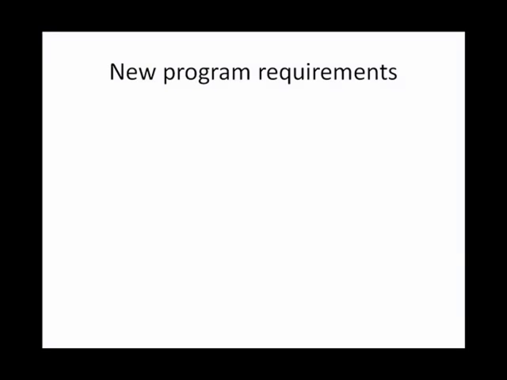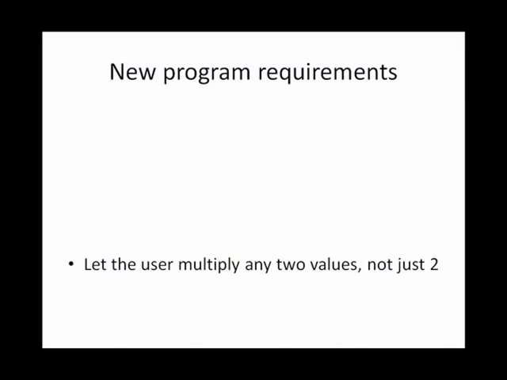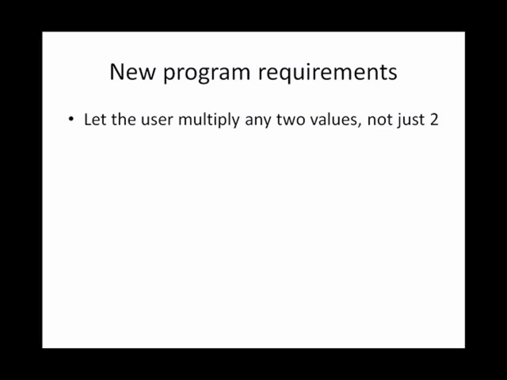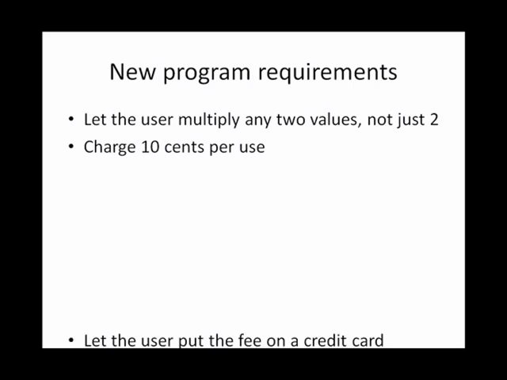Over time, your client may come to you and say, you know, we'd like some more changes to this program. For example, what if the client wants to let the user multiply any 2 values, not just 2, but maybe triple or quadruple any value? Or suppose the client says, you know, this program is so successful, let's start charging money, and I want you to keep track of the money the user owes us.